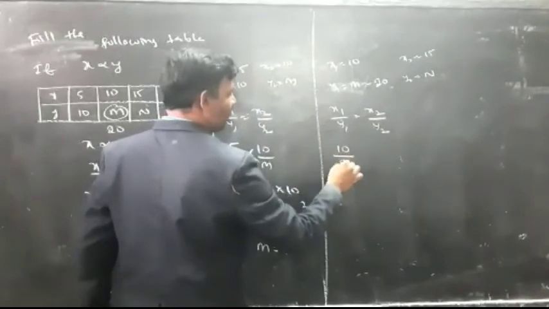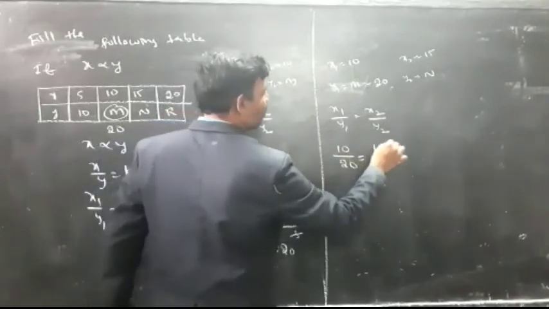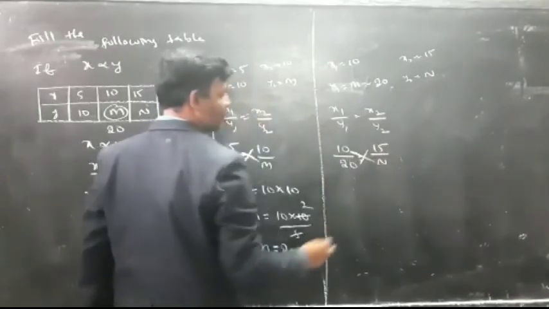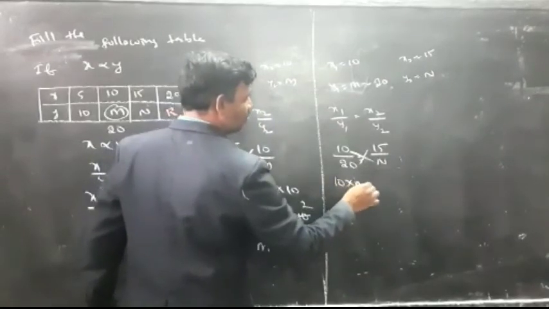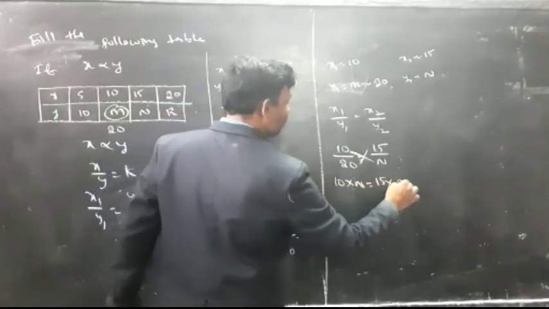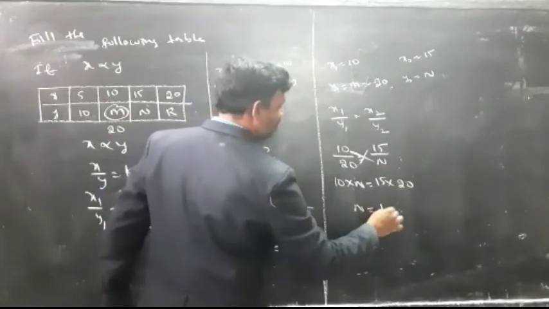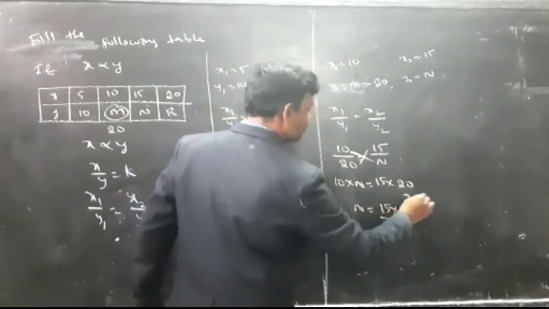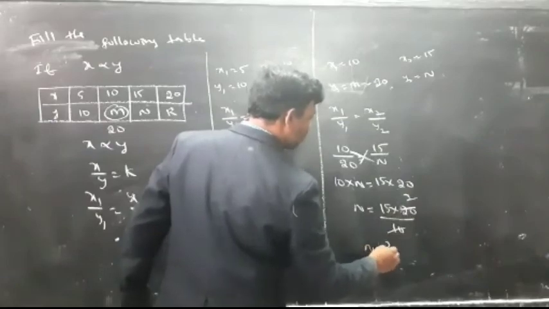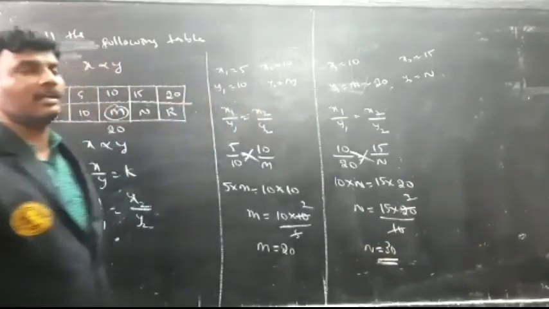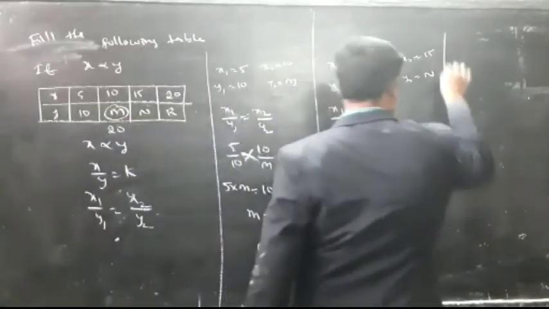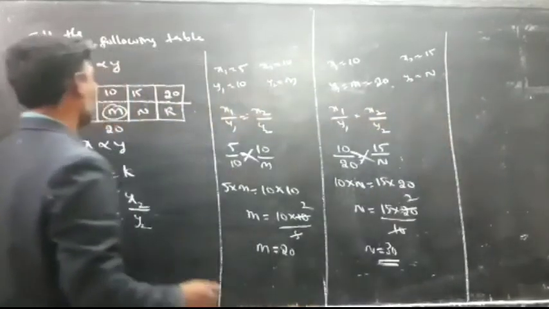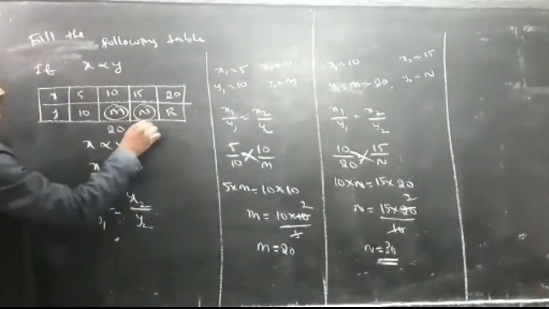So 10 by 20 is equal to 15 by n. So 10 into n is equal to 15 into 20. N is equal to 15 into 20 by 10. 10 ones are 10, 10 twos are 20. So what is the value of n? N is equal to 30. So the value of n is 30.